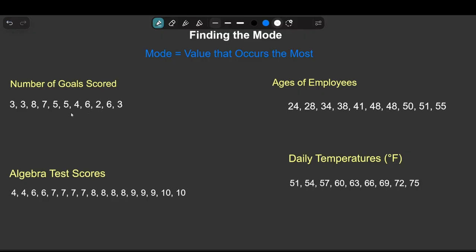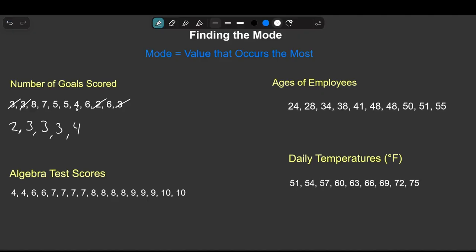As we can see, 2 is our least. We can just cross this off. Do we have another 2? No. So we go to the 3's. We have 3 3's. Let's cross these off and write them down: 3, 3, and another 3. Now we go on to the 4.